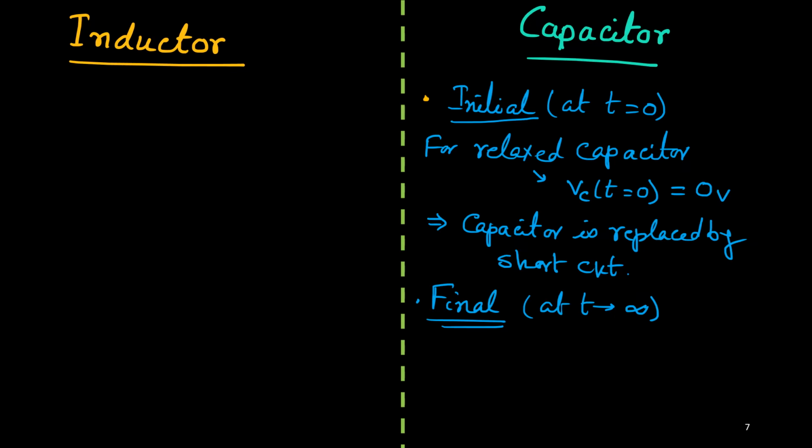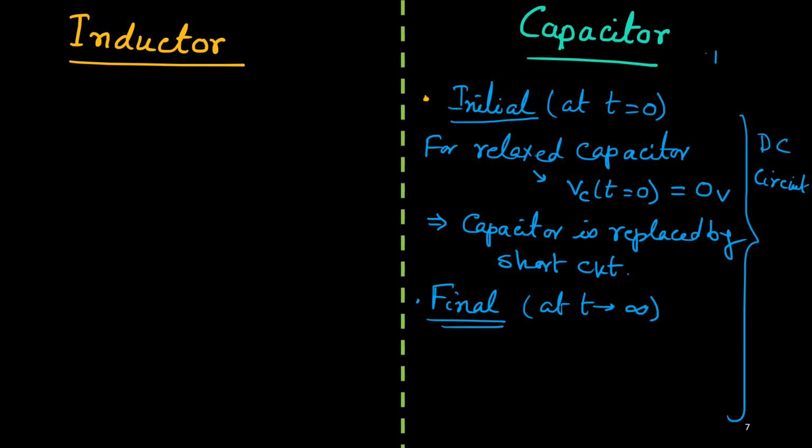At steady state, all the parameters become constant, and this is for DC circuits, where the source voltage or current is a constant DC. In that case, IC and VC remain constant.